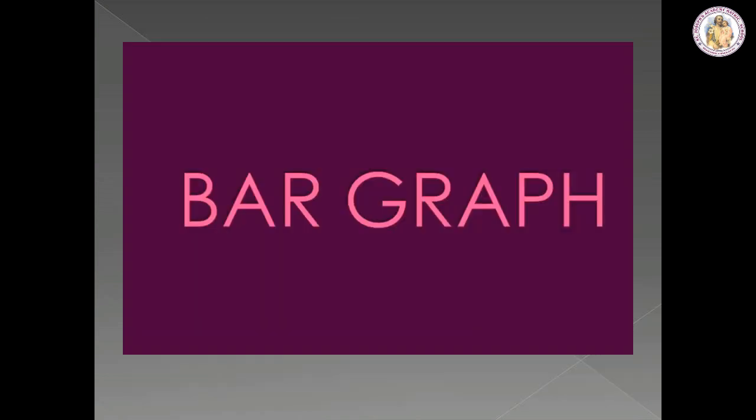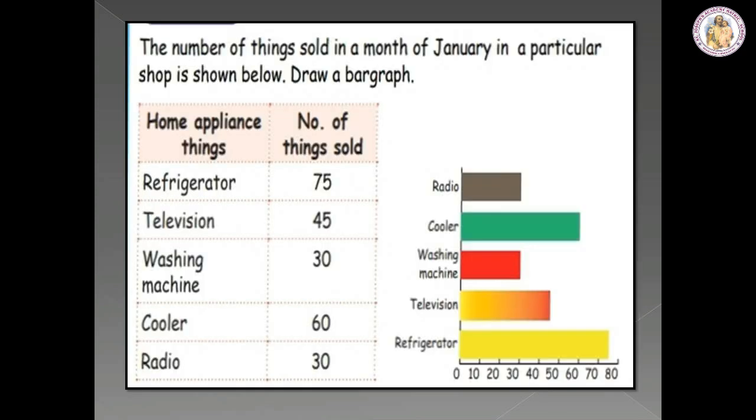Let us see the other sum with the help of a bar graph. Children, you can draw a bar graph with the help of the details given here. The number of things sold in the month of January in a particular shop is shown below. You have to draw a bar graph for that.